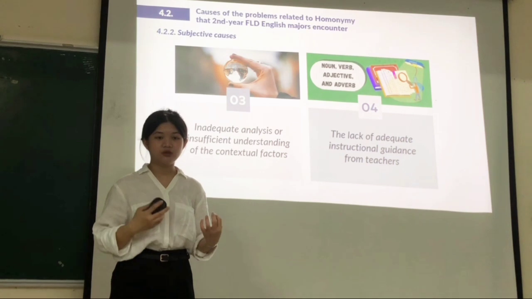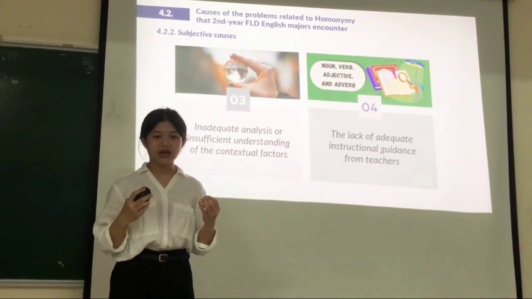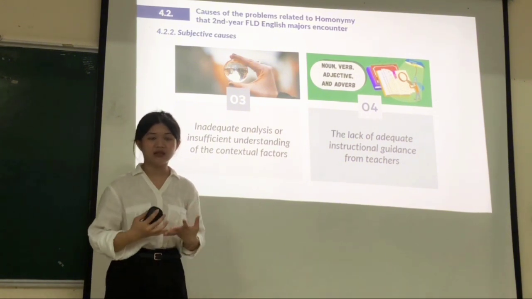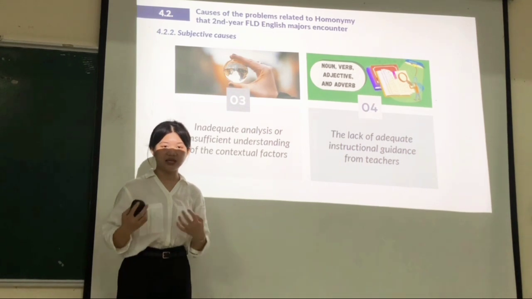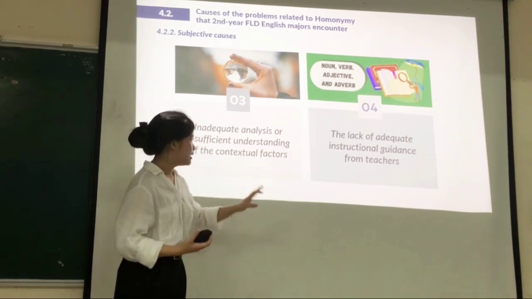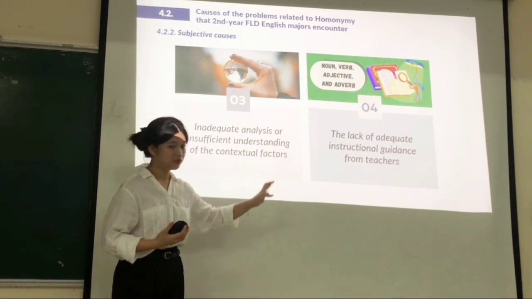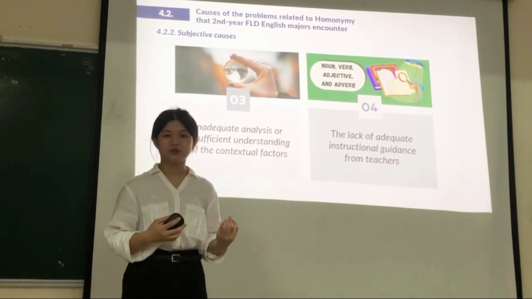If participants do not read the sentence carefully and do not analyze the context well, they might misunderstand the homonyms because of the variety in the meaning and the spelling of the word. And last but not least, the lack of adequate instructional guidance from teachers can be one possible main factor.